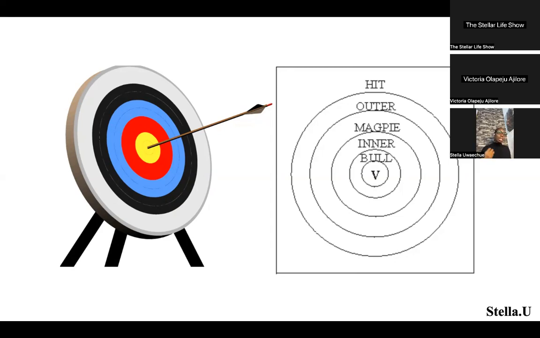Sometimes our attempt at a goal might not hit the exact spot. We might not get the results that we really want. But the truth is we have made effort. So we might find ourselves at the outer, the magpie, the inner, or the bull segment. But eventually we see that we are making progress. So what goal setting will do is to keep you on track and eventually ensure that you're making progress.